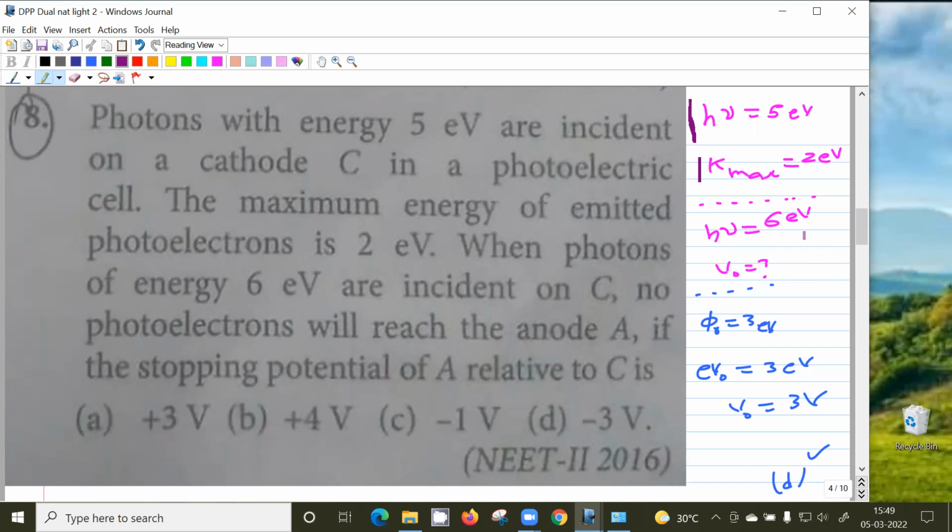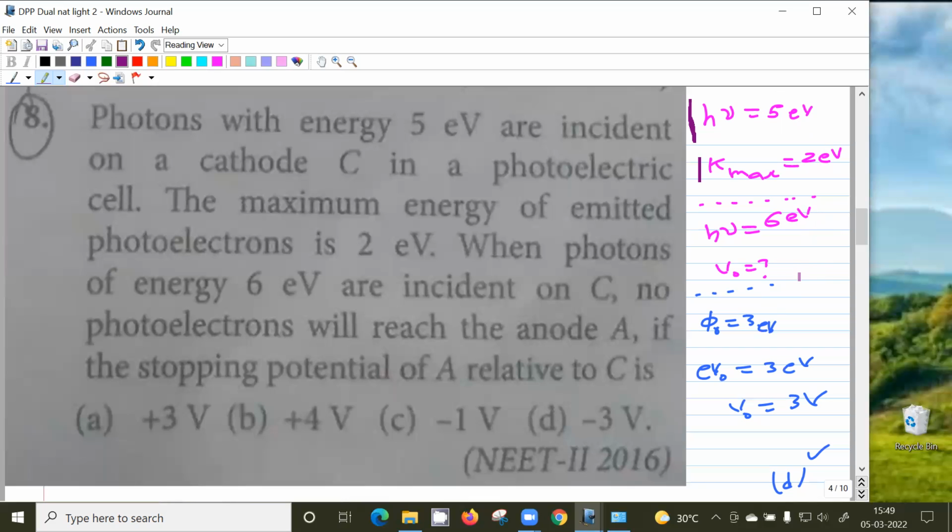One electron volt. No, write the equation properly. K max should be more, right? In the first case, with 5 electron volts, K max is 2. So with 6 electron volts, the K max should be 3 electron volt.